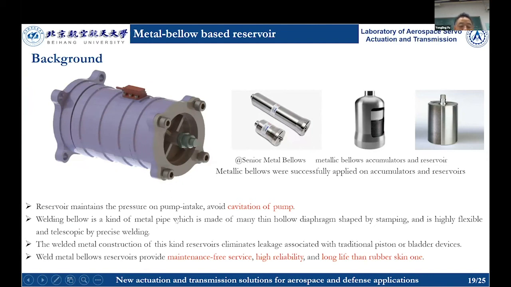This construction reservoir eliminates leakage associated with traditional piston or blade devices. Welded metal bellows reservoirs provide maintenance-free service, high reliability, and long life. It is said in aircraft A380 the lifetime is the same as the aircraft.